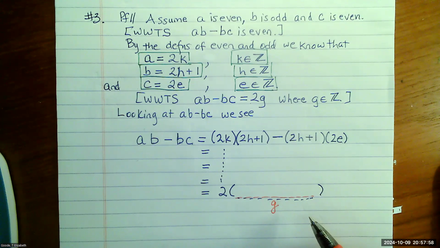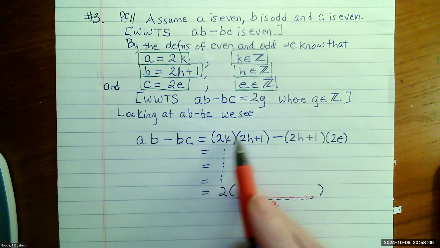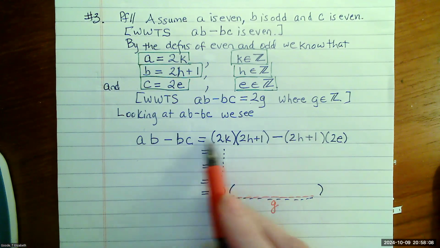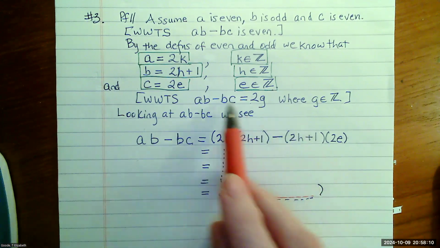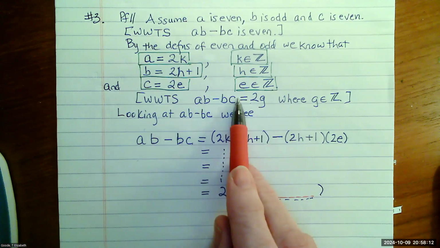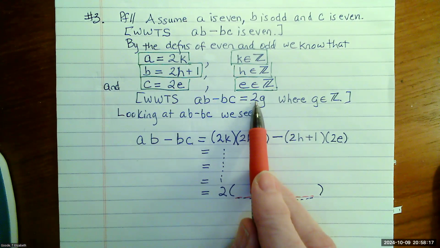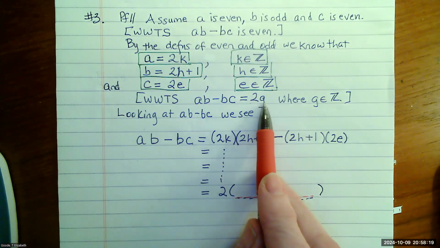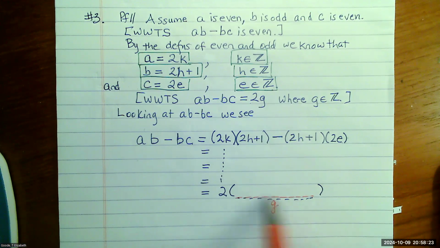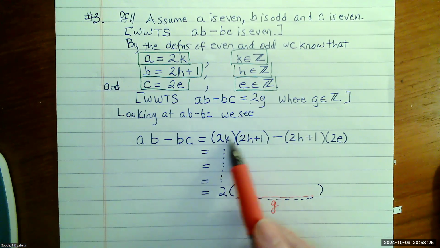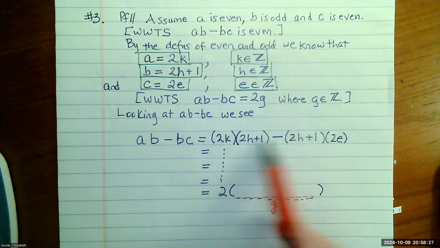So you're basically factoring a 2 out of this equation. We want the left side to look like it does, AB minus BC, but we want to make the right side look like 2 times something. We're calling it G, but that is going to turn out to be a big expression, because it's going to be in terms of all this stuff, you see.